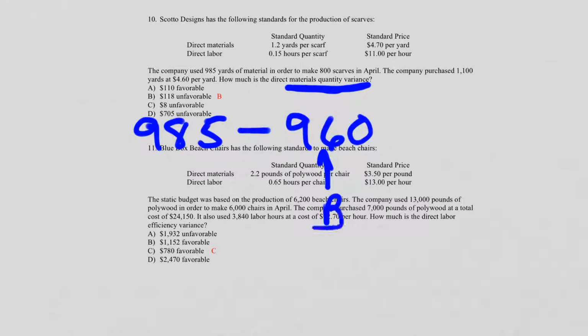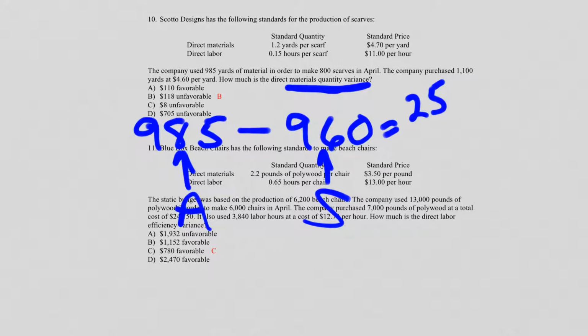Actually, instead of B, let me put S, that's the standard. And for the actual, let's use the letter A. So you get to see right now that we were already in an unfavorable position because the actual amount is more than the budgeted. How much more? Well, the difference is 25.